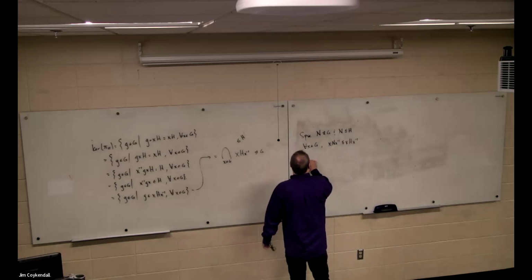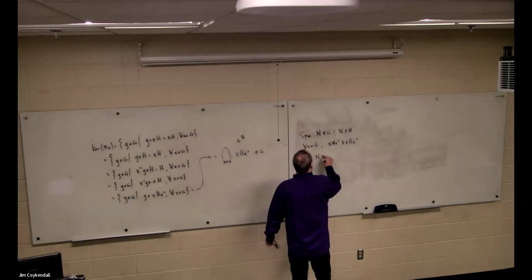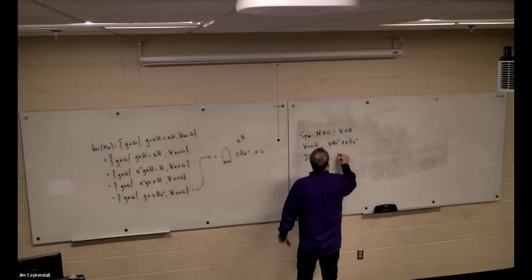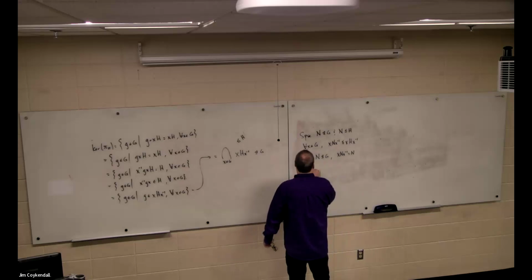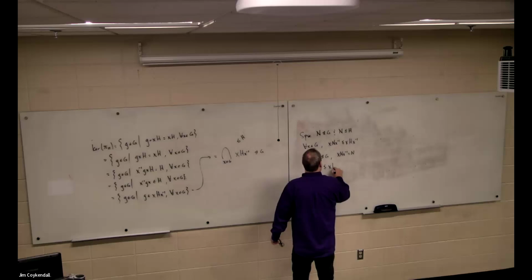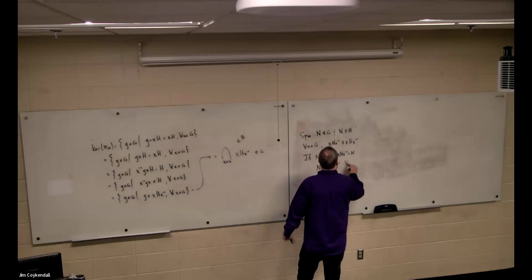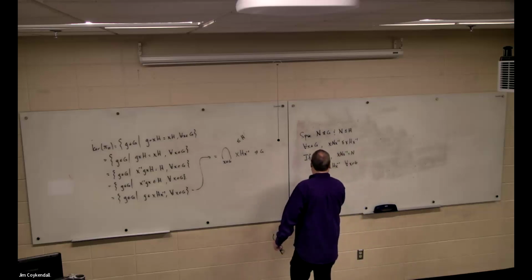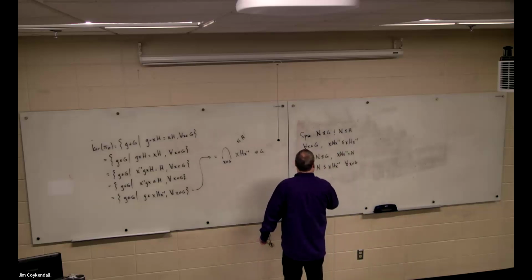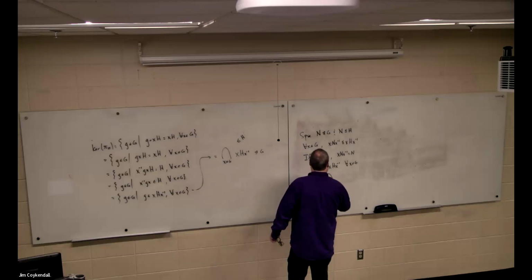And if N is normal, then xNx inverse equals N. Therefore, N is contained in xHx inverse for all x in G. And so N is contained in the intersection.